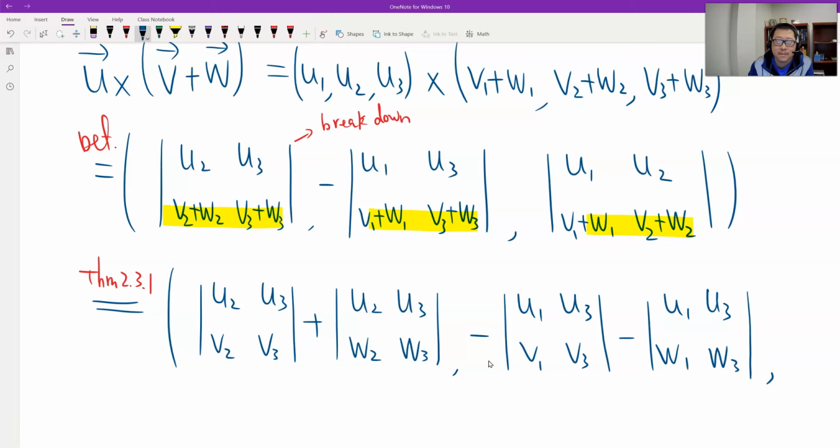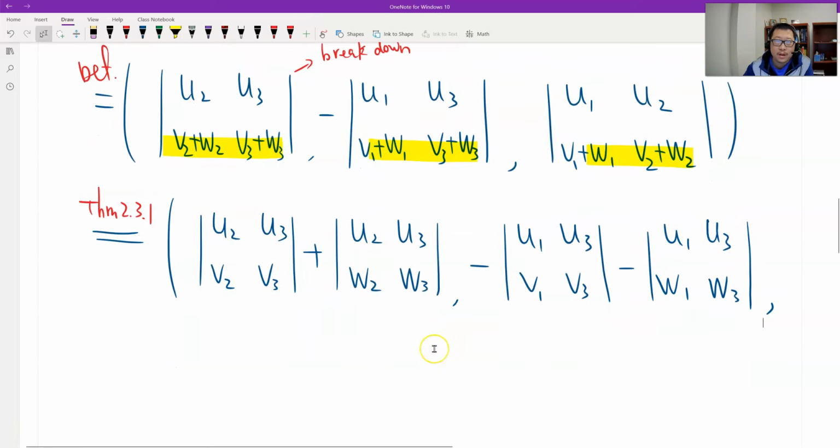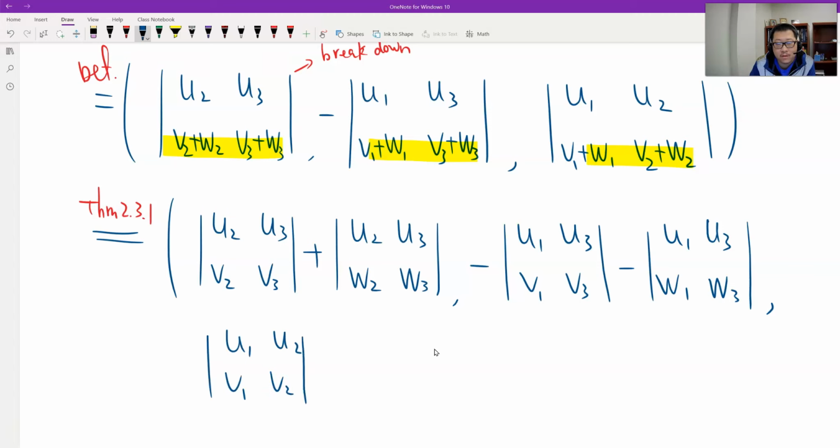Okay, this is the second component. One more component, which is positive, right? The last term should be U1, U2, V1, V2, plus U1, U2, W1, W2.